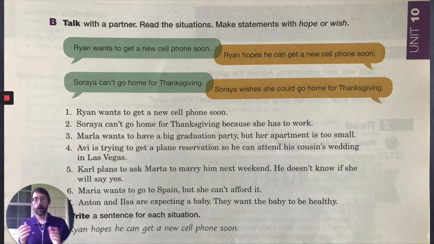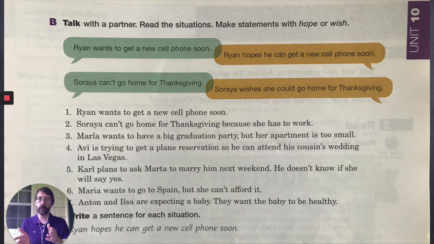See? I took the information, and the thing we think first would be, this is not possible, so we're going to use wish. For those of you who want to challenge yourself, try to change the situation just so slightly, or think of a way for the impossible to become possible, or something that is not possible to become possible.